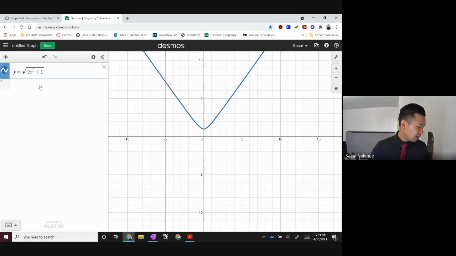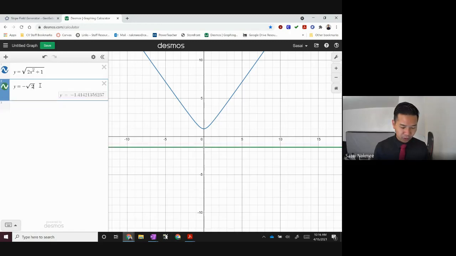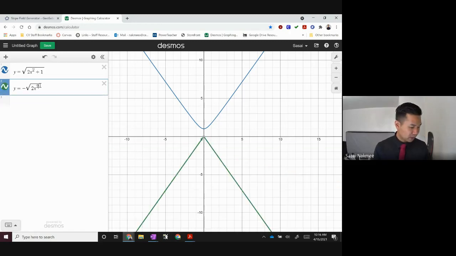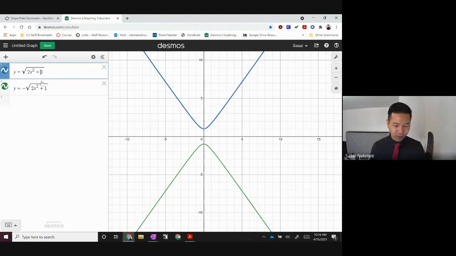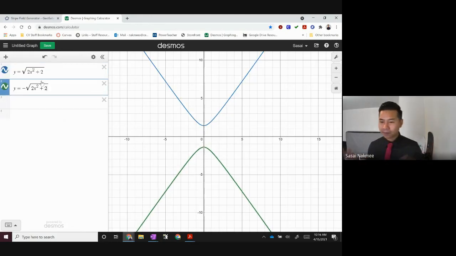And then we do the same equation for y equals negative square root of 2x squared plus 1 as well. There you go. That's what the original function looks like. And I just put a random value for plus c just so we can actually see it. But that plus c can change anywhere from 1 to like infinity. So if I put 2 instead, it would look like that. That's your equation.